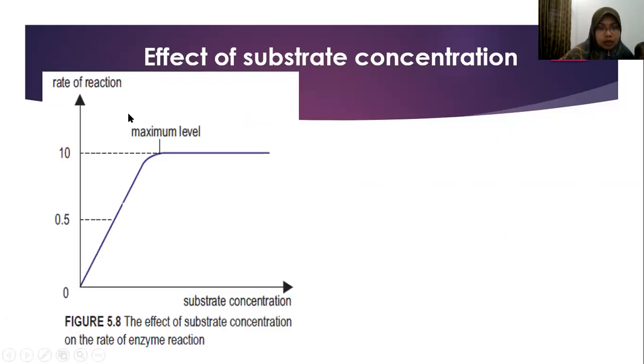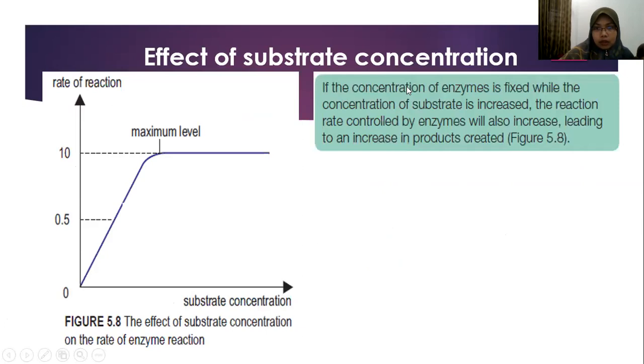So this is the graph: the rate of reaction against the substrate concentration. If the concentration of enzyme is fixed while the concentration of substrate is increased, the reaction rate controlled by the enzyme will also increase, leading to an increase in product created.